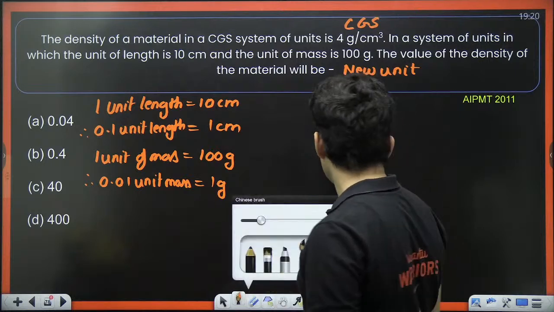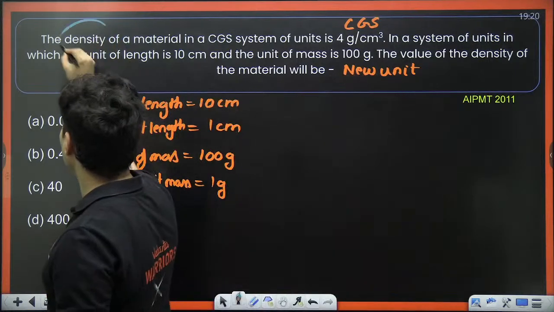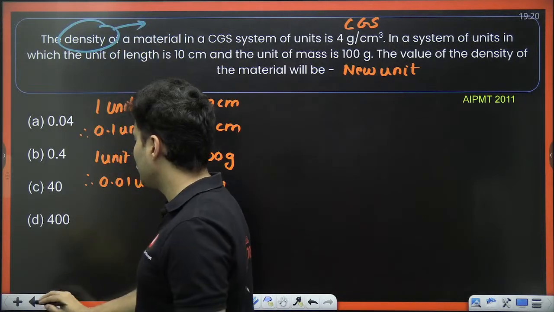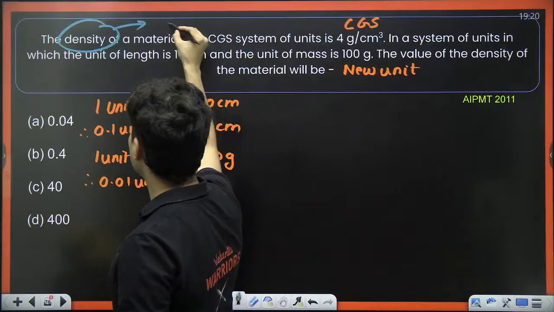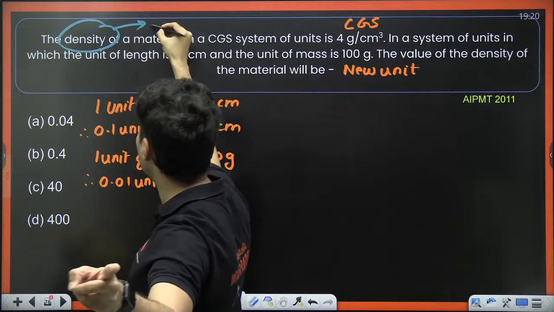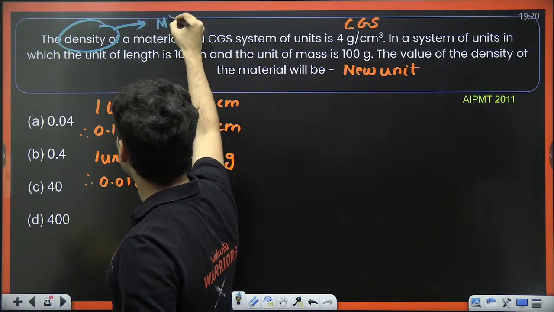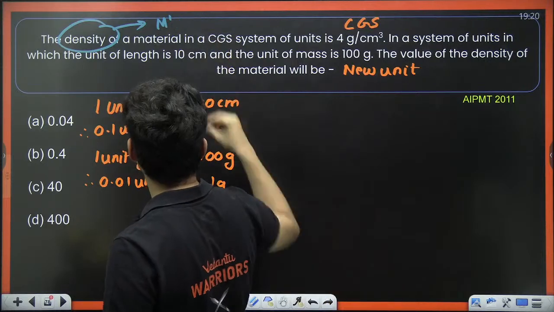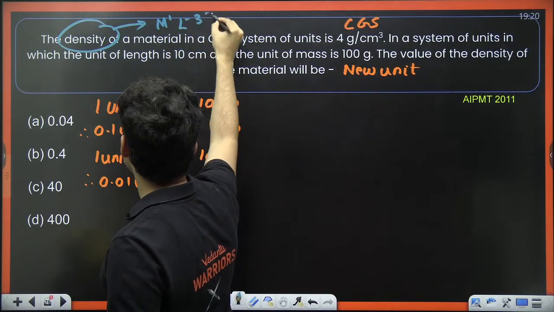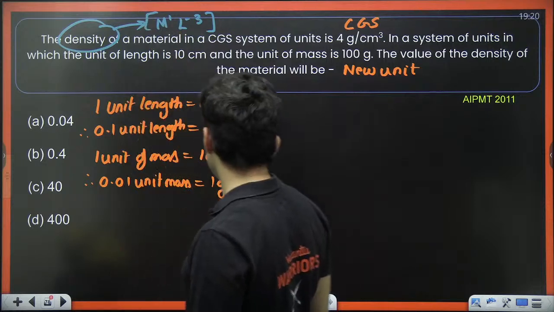The question is on density. You should know the dimensional formula, just like I did over here. Always know the dimensional formula. Density is mass by volume, so m raised to 1, L raised to -3. That's the dimension of density.